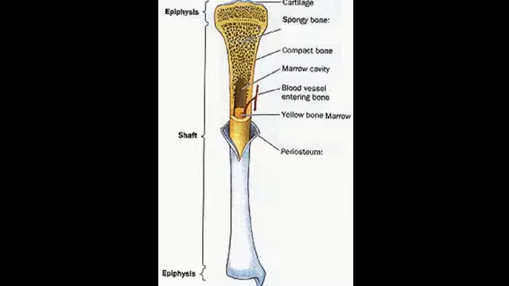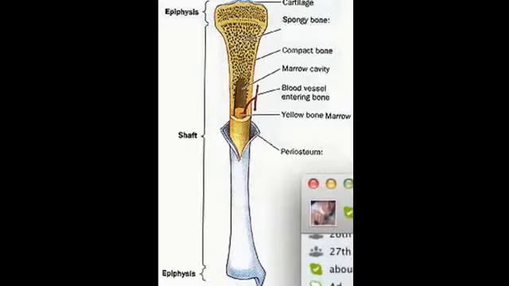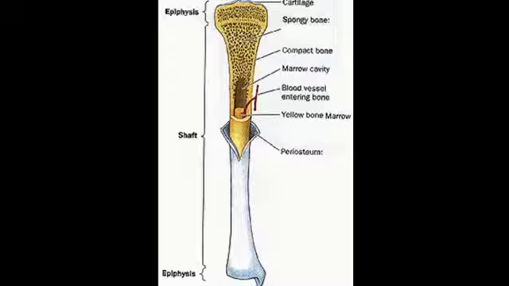Okay. So this is inside of your long tubular bone. Okay, so actually you separate your long bone into epiphysis, this is your upper part of your bone, and also you have the middle part, this is the shaft. And the next end of your bone is the other epiphysis.